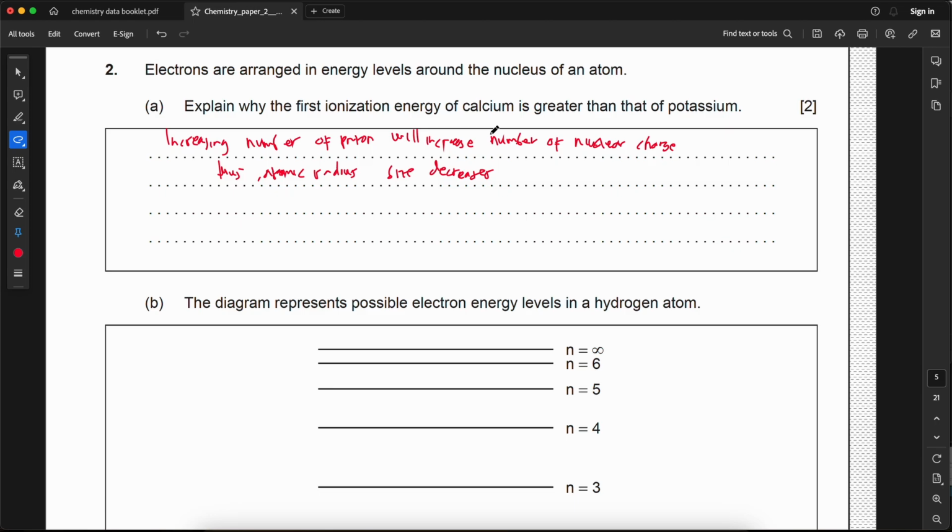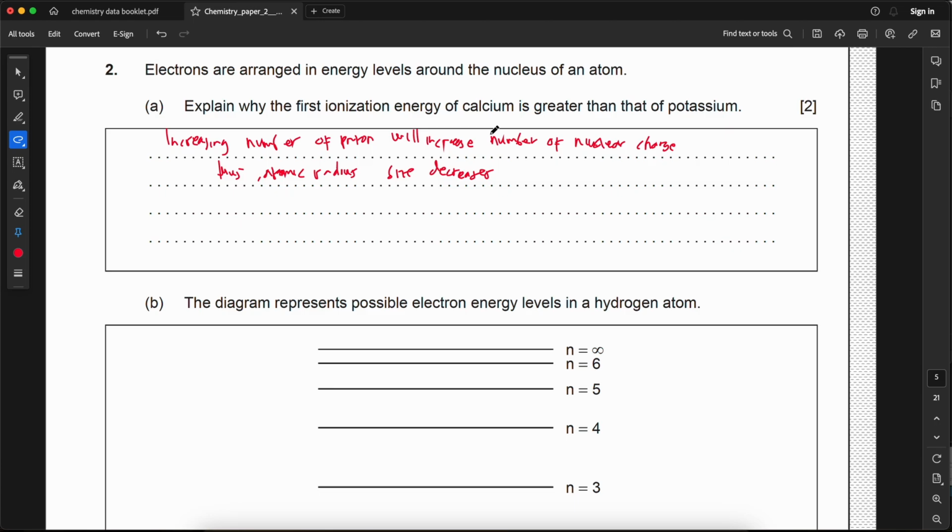of calcium of course is greater than potassium. So with a greater number of protons, the nuclear charge also increases because potassium is +1 and then calcium is +2, and the number of protons also increases. So with the increased number of protons, the attraction between the nucleus and the electron in the outermost shell will increase.